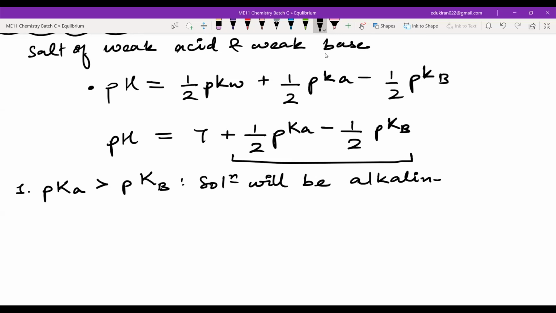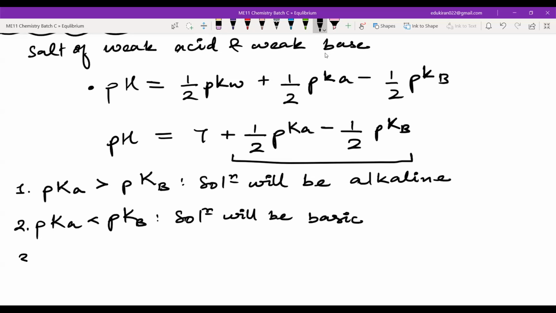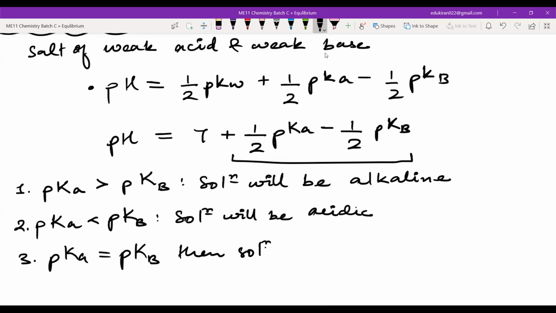Then if we have pKa less than pKb, then the solution will be acidic. Third, if pKa is equal to pKb, then the solution will be neutral.